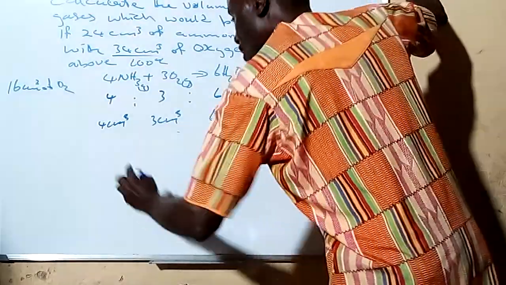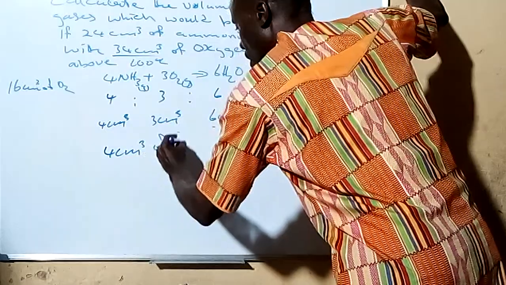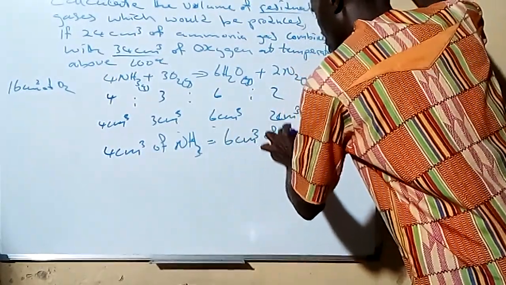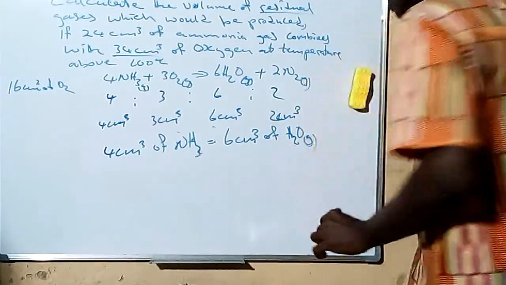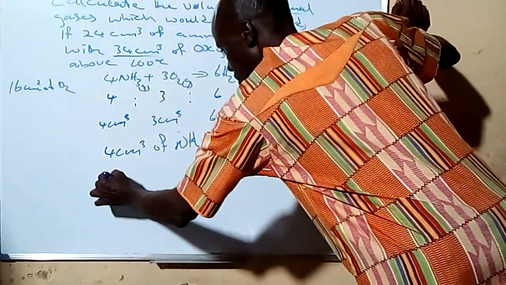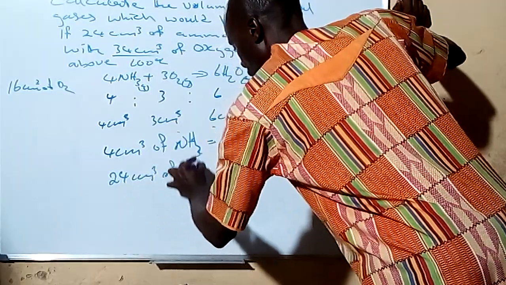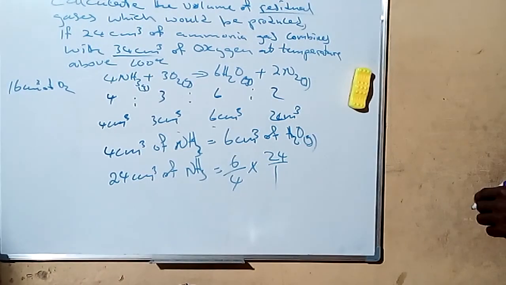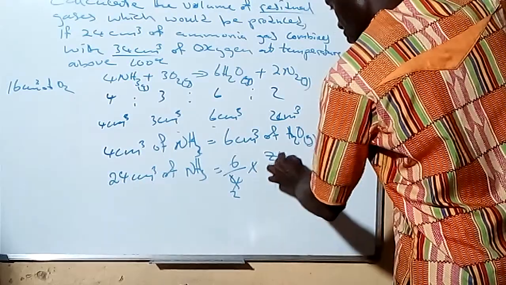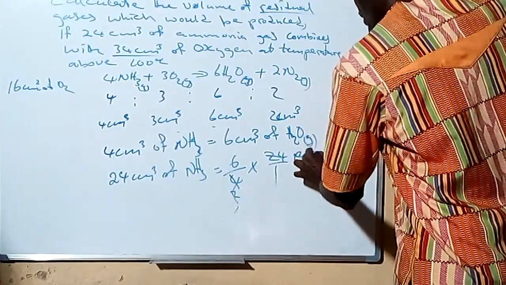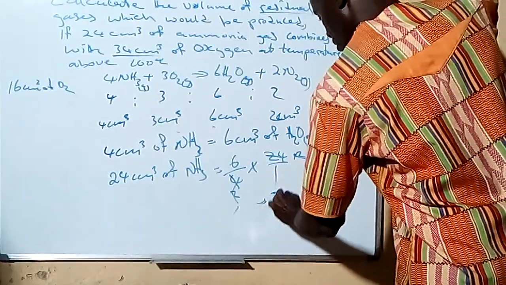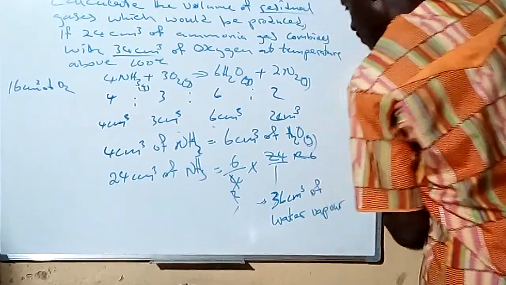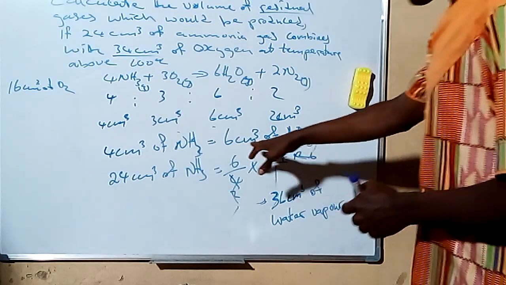From here we notice that 4 cm3 of ammonia will give us 6 cm3 of water vapor. So 24 cm3 of ammonia gas will give us 6/4 times 24: 2 goes into 4 twice, 2 goes into 24 twelve times, so we have 6, and 6 times 6 we have 36 cm3 of water vapor. That is what is produced.